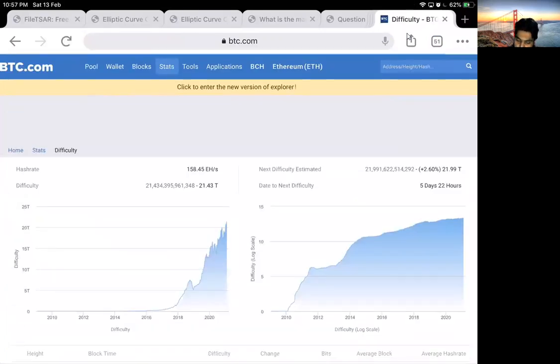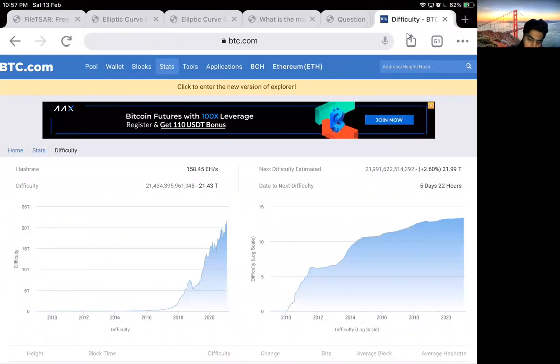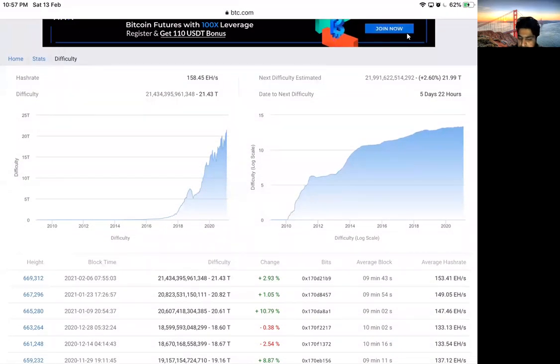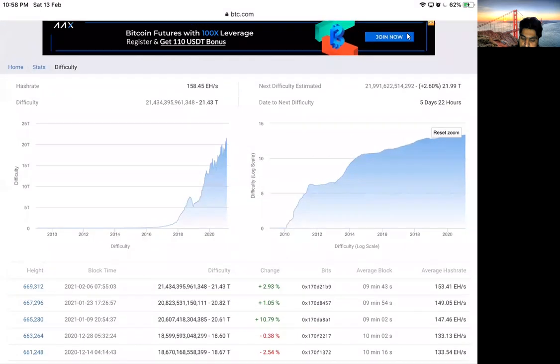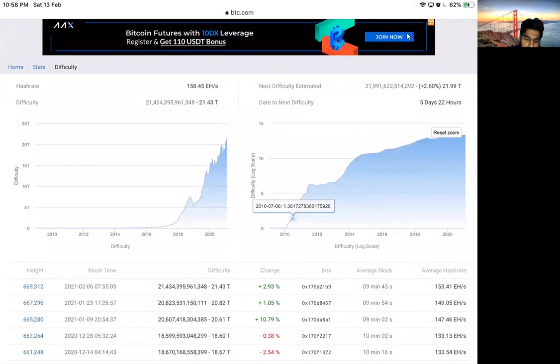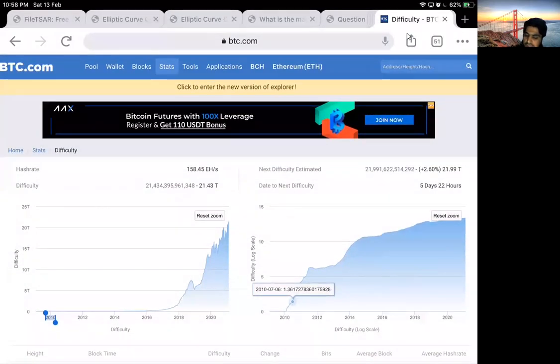I just want to calculate how it was. Since it is in log scale, we are not able to see it here. In 2009, it's 1. How difficulty is growing, it is in the way that I have told you.